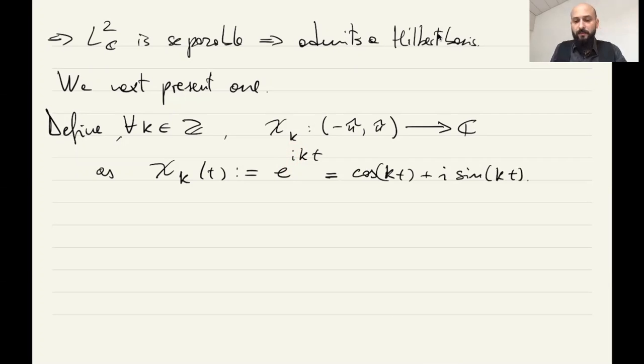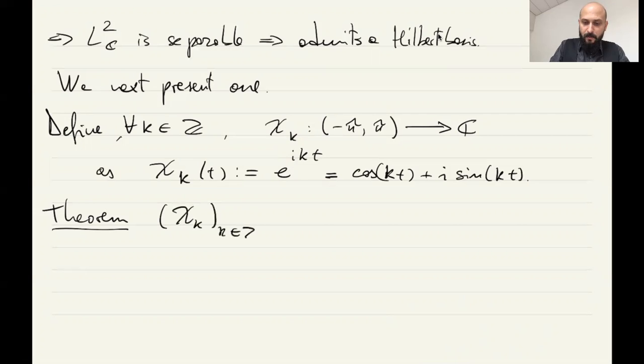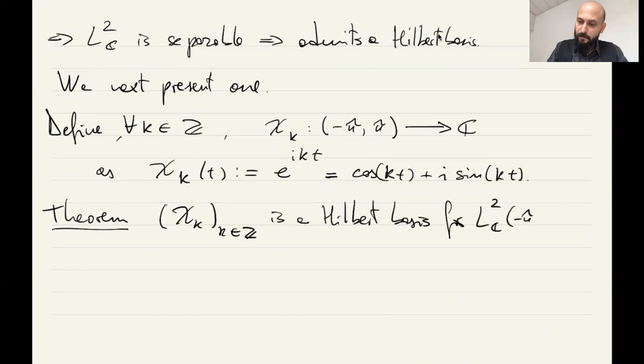Okay, so these are functions, and the theorem we want to get to is that this sequence of functions, this countable sequence, is a Hilbert basis for L2 of C minus pi, pi.